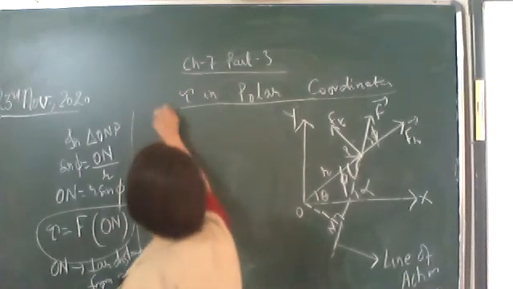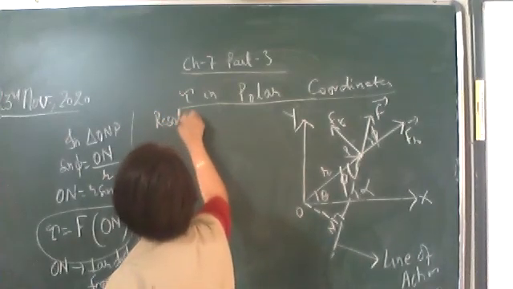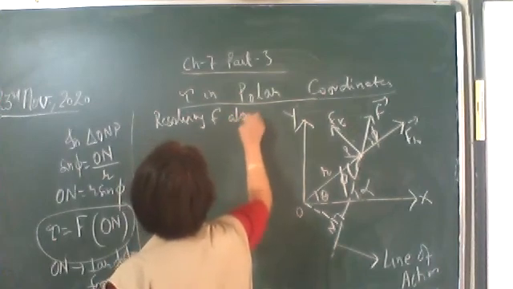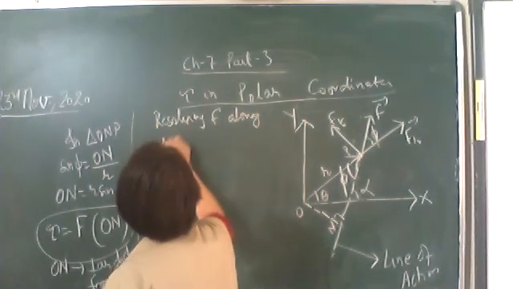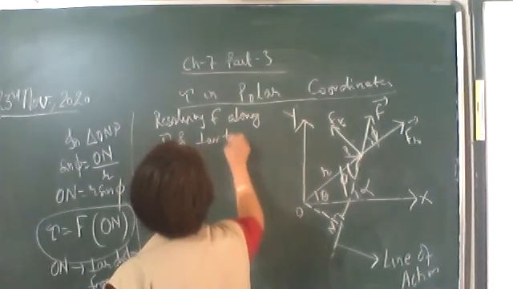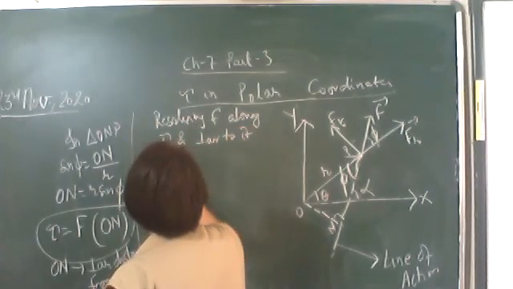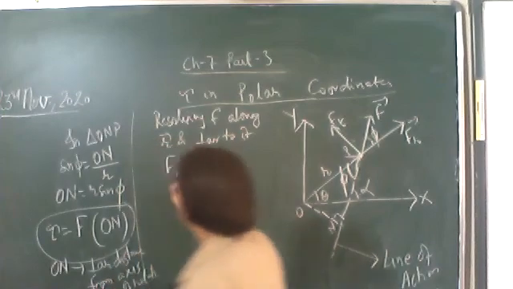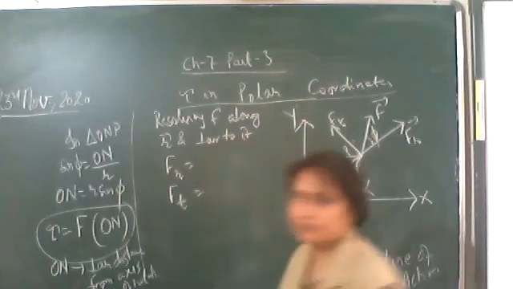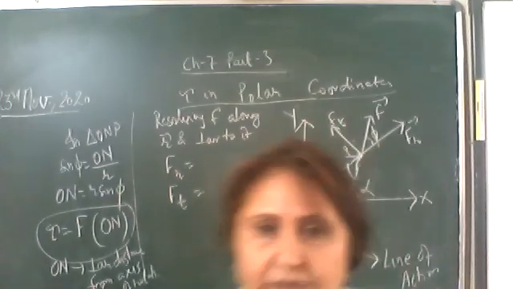Okay, now resolving F along the r vector and perpendicular to it. So what do we get? Fr and perpendicular to it, the transverse component.